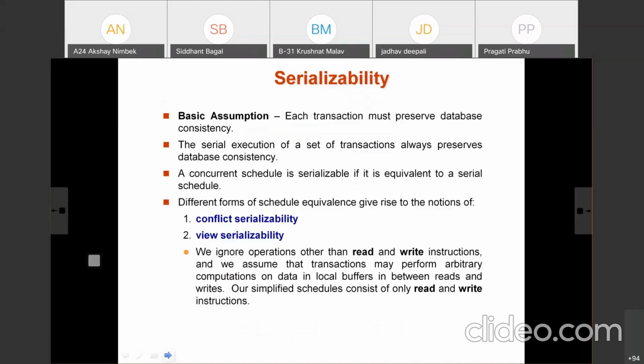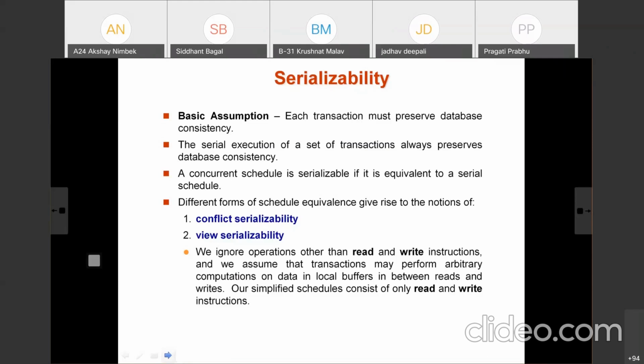This is one of the important characteristics of the database. The serial execution of a set of transactions always preserves database consistency, but this does not happen in concurrent execution. Some concurrent schedules may result in data inconsistency.